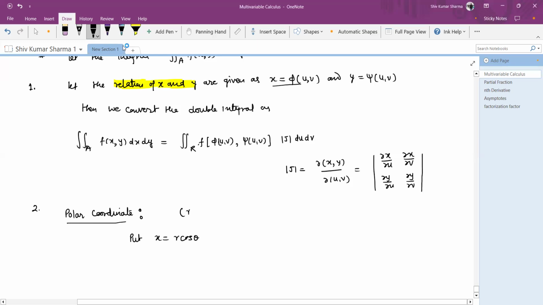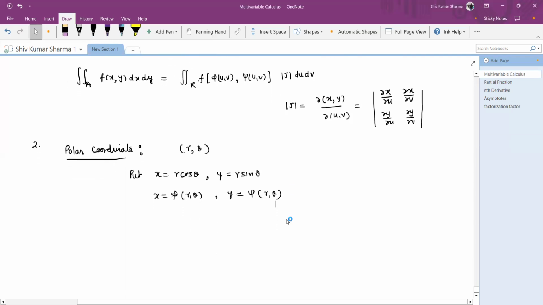You know that the coordinates of a polar are r and theta, and we use this substitution. Basically x and y are functions of r and theta, so we are converting x y into the form of r theta.